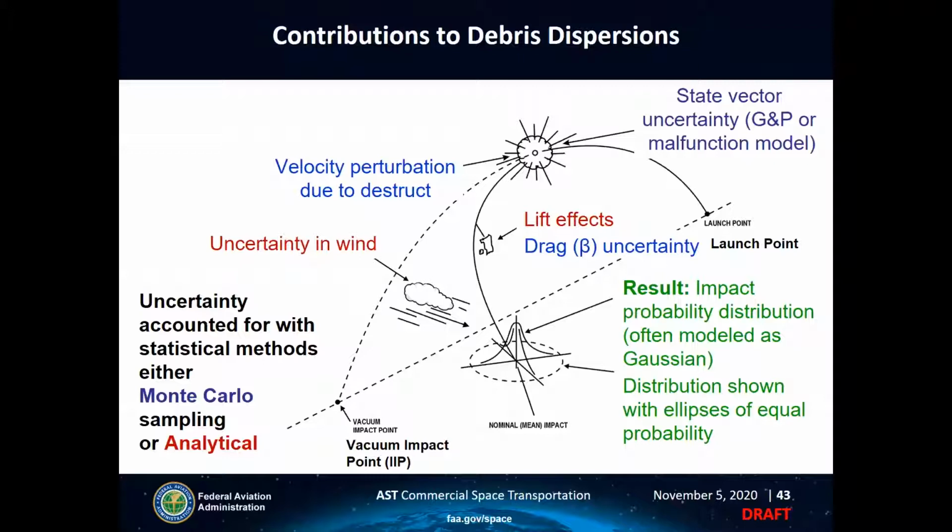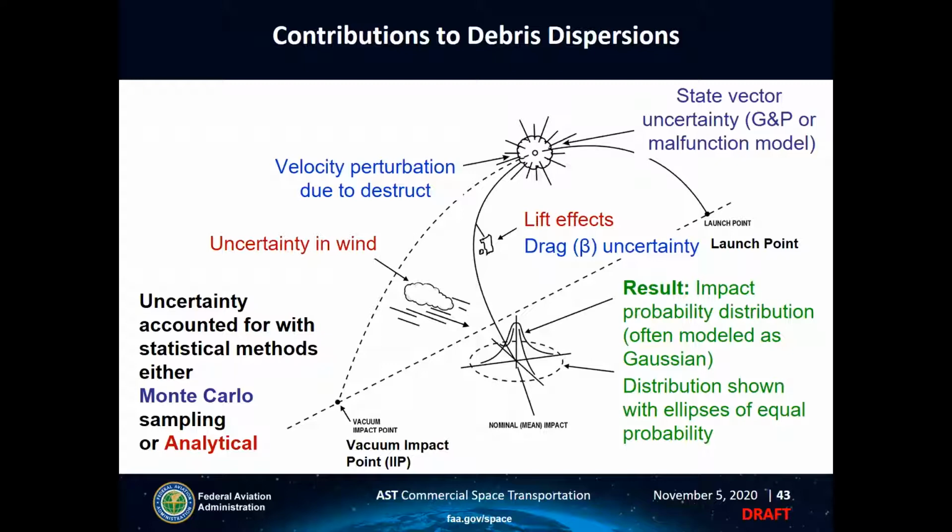Lift effects were, in fact, very prominent, the dominant source of cross-range dispersion in the case of the Columbia accident, because the winds were more or less parallel to the downrange direction. We had small velocity perturbations due to that hypersonic aerodynamic breakup. And so what was left was really the lift effects.